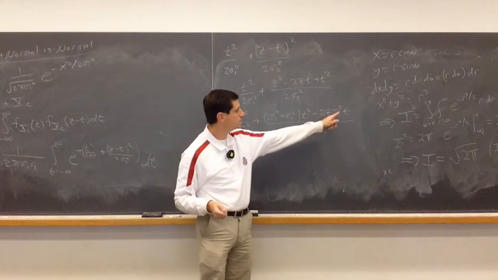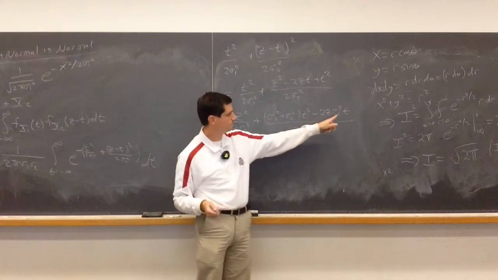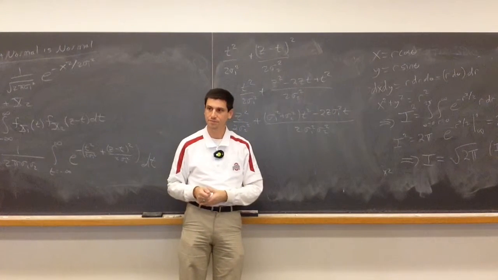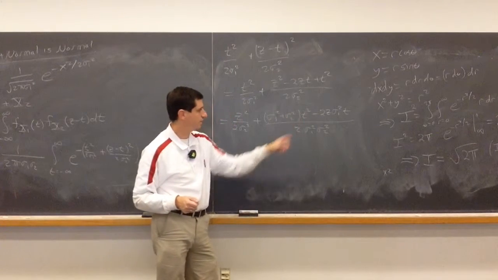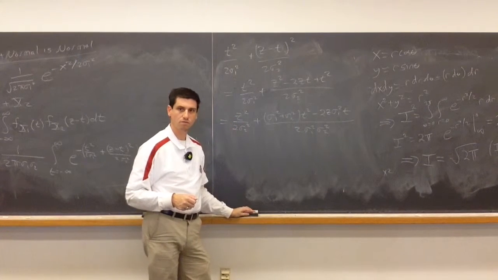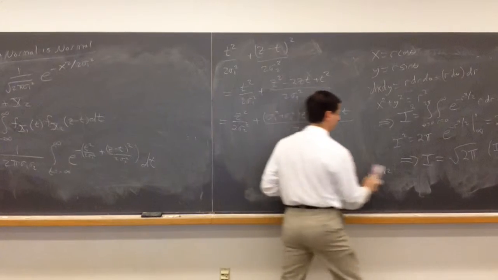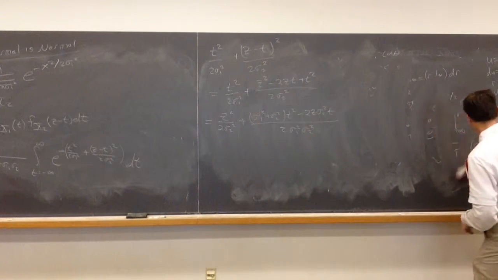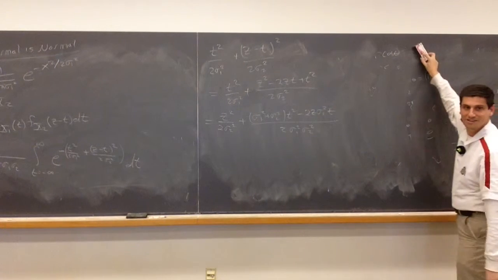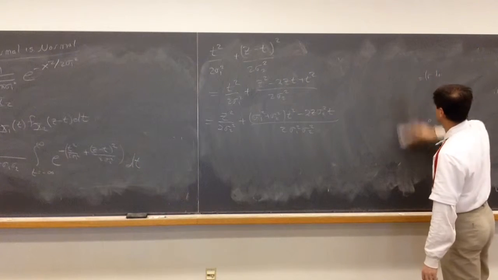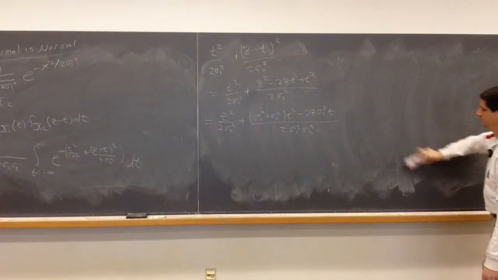When you look at this, what is this beginning to look like over here? This part over here. What do we have? It looks like a square. So we want to complete the square.